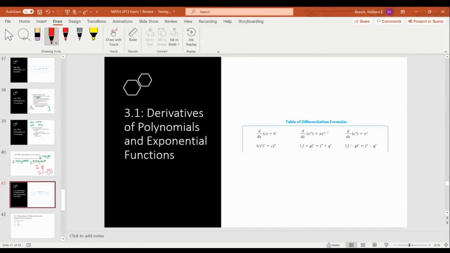If you take your derivative of x raised to some power, what you're going to do is bring that power down in front, and then you're going to subtract 1 off from that power. We learned that the derivative of e to the x is going to be e to the x.